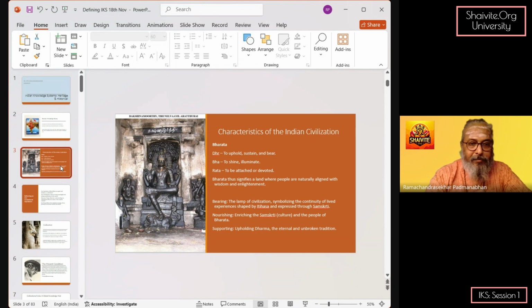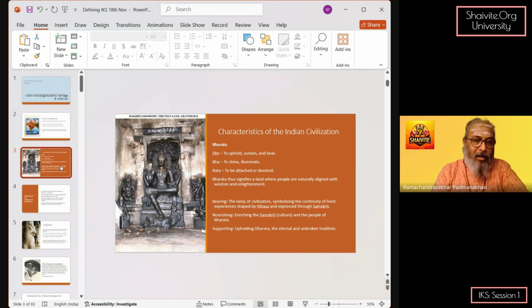And the term rata means to be attached, a person who is attached. So Bharata means one who is attached to light, and light has always been a metaphor for knowledge. So when we say Tamaso Ma Jyotirgamaya, we are not referring to a physical space of darkness and a well lit up place. It is from ignorance to wisdom.